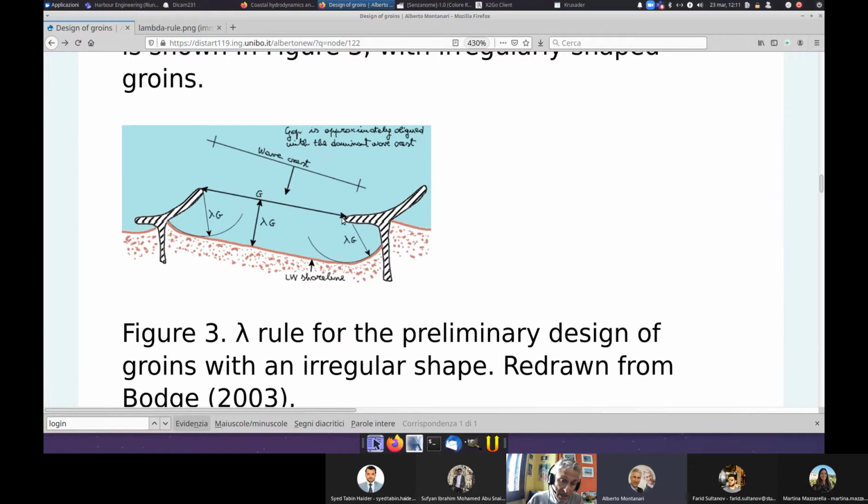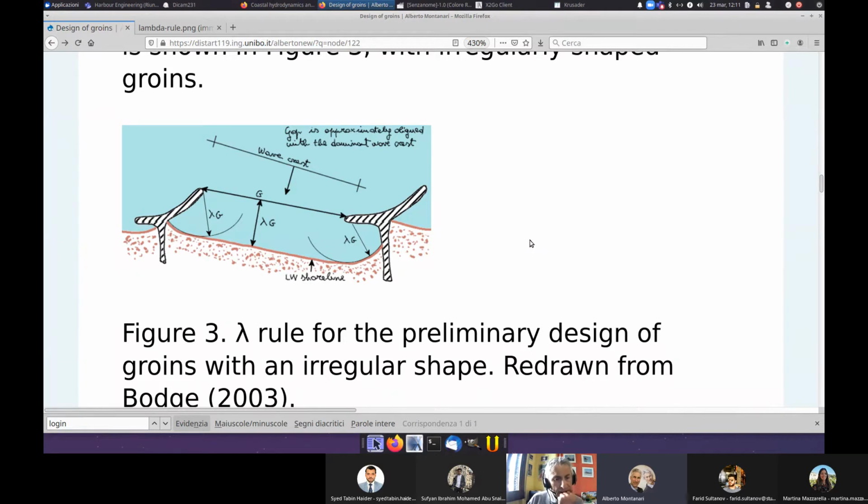You see here how lambda g is measured, in particular with these two groins. Basically, what we are trying to do is to draw a circle of radius lambda g from the tip of the groin. And of course, this circle is to be connected with the position of the low water shoreline, which is determined by drawing a distance lambda g from the control line.